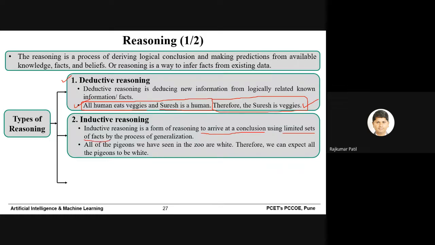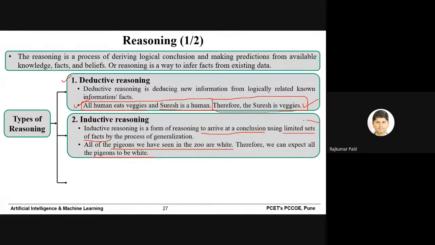For example, if you visit a zoo and find that the penguins are white in color, and similarly you visit 2-3 more zoos and again find that penguins are white, then you draw a conclusion based on the limited data set that penguins are white.